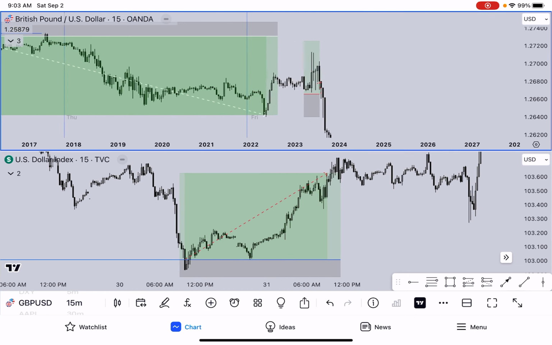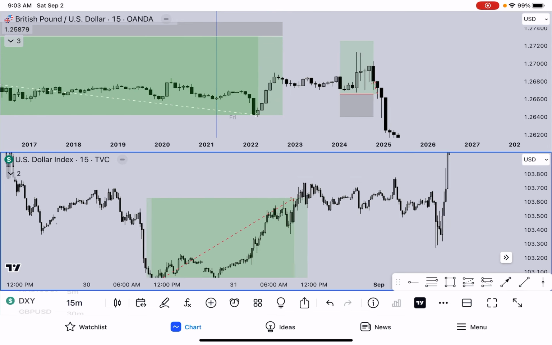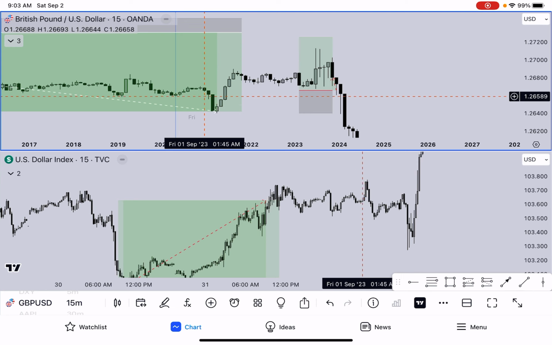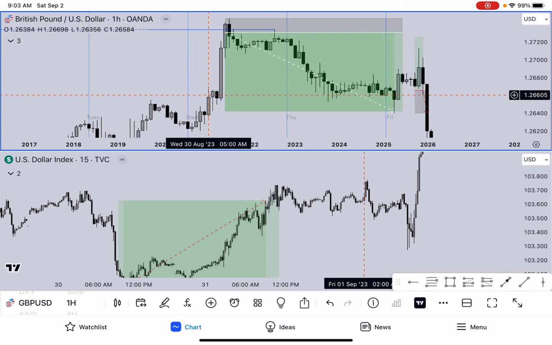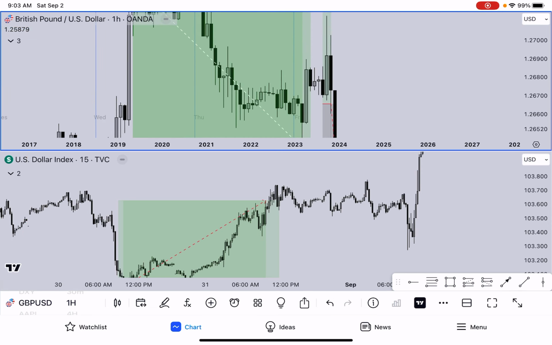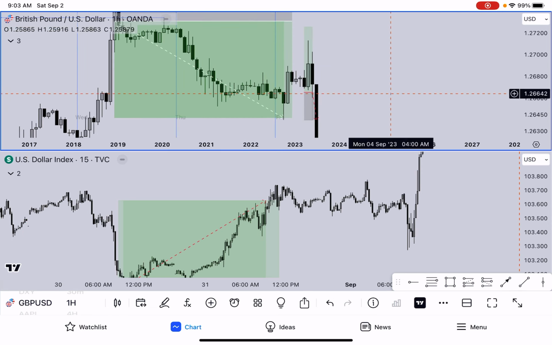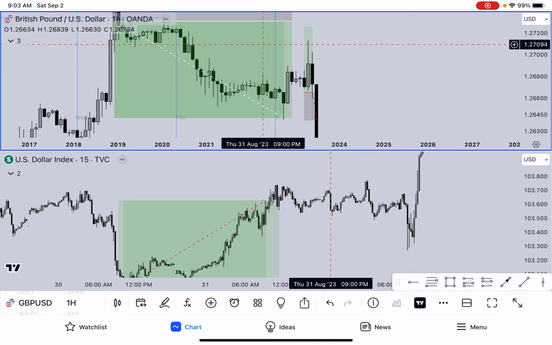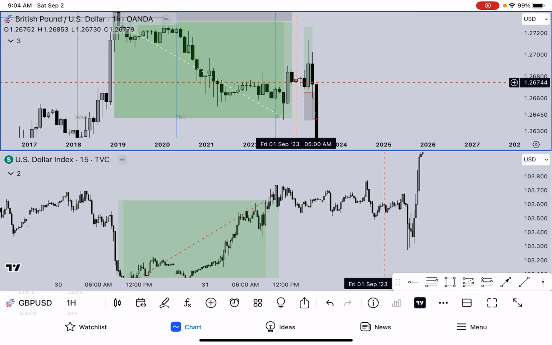So second trade was on a Friday. What I saw was this order block here on the 1-hour time frame. I thought that was a good entry to sell high. I like this bullish candle.